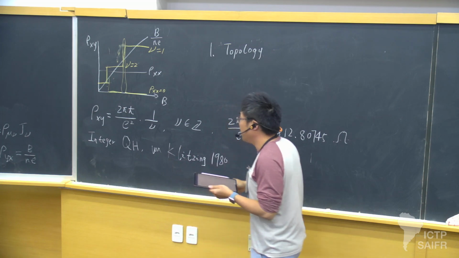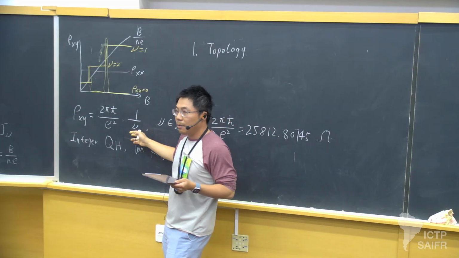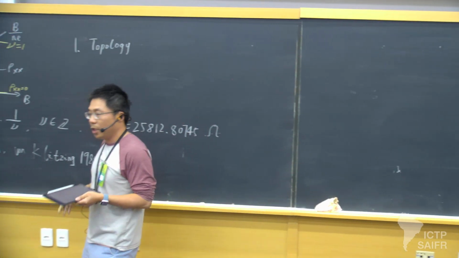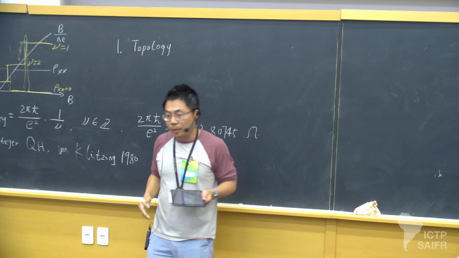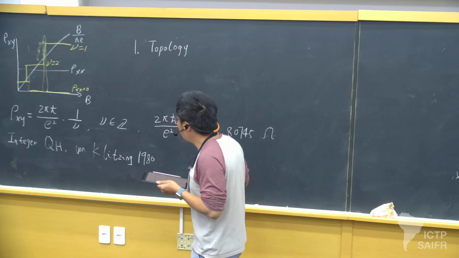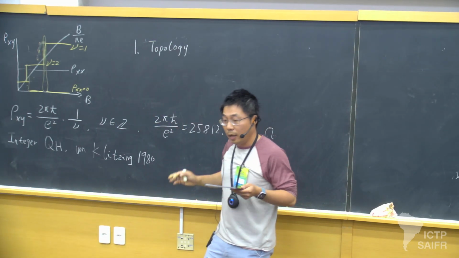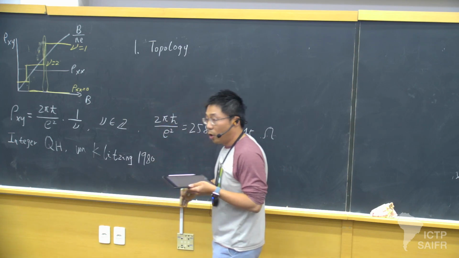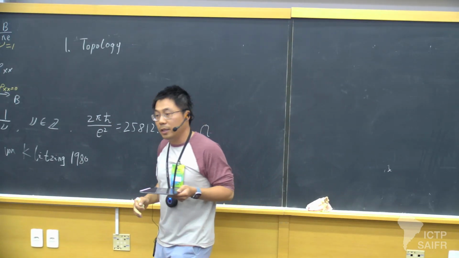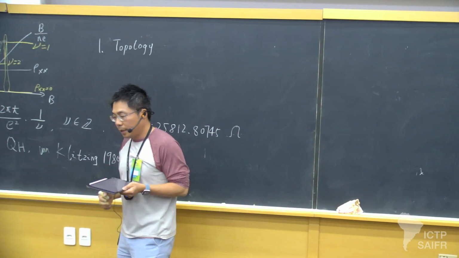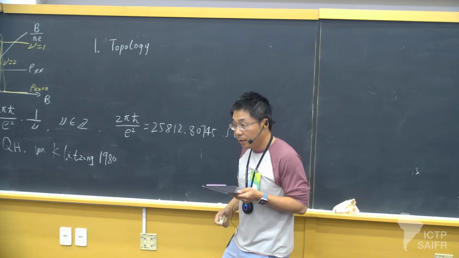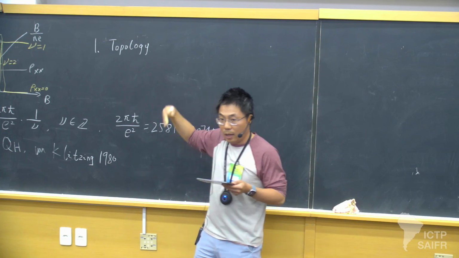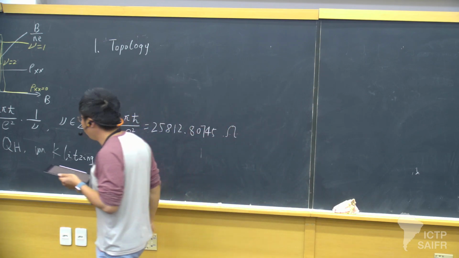It turns out that this quantization, this integer number nu, is related to some pretty deep mathematics called the Chern number or Chern class in algebraic topology, which I will explain in the later part of the lectures. And the idea of topology has become a very important and popular topic in the present-day study of quantum matter. This really was started by the quantum Hall effect.